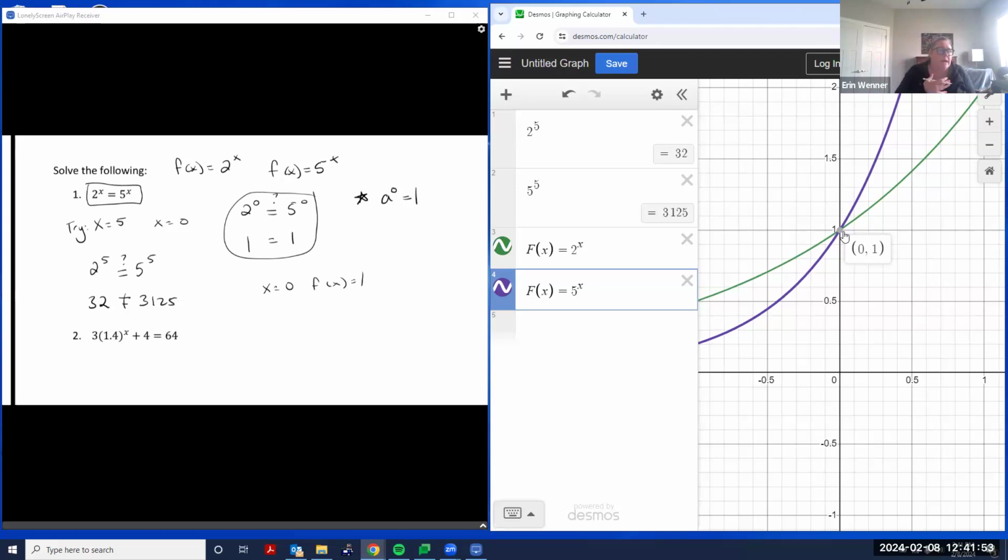So going back to this idea, graphing can be really helpful when you are trying to get a picture of what's happening to begin with, or you're trying to check your answer. Did I actually do this right? Okay, so when you're solving these on your exam, I'm going to want to see the algebra.